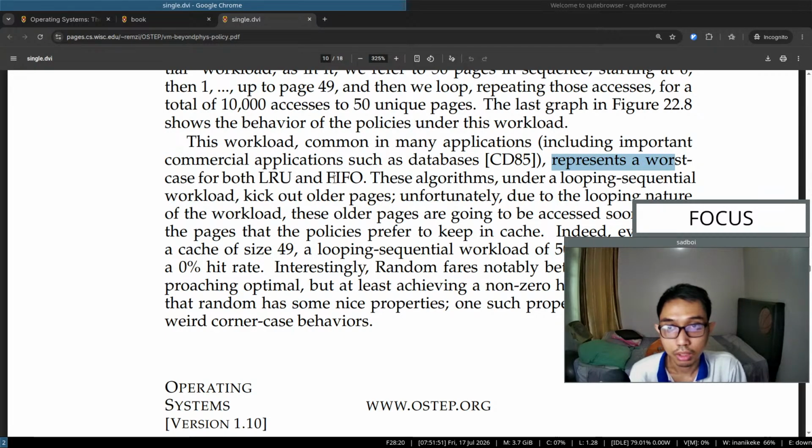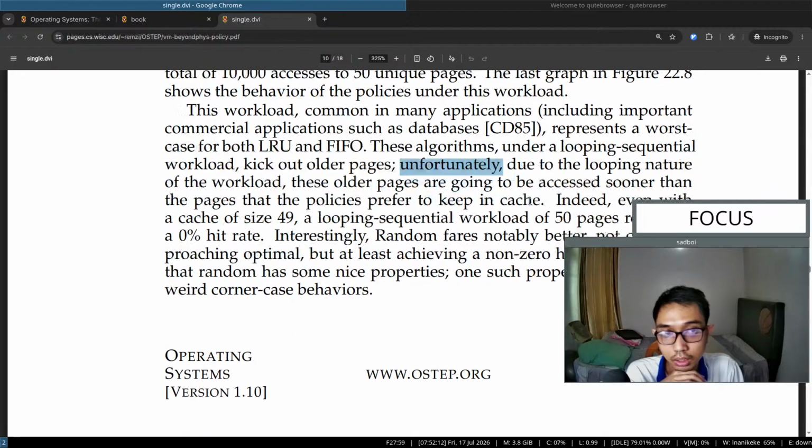It represents a worst case for both least recently used and first in, first out. These algorithms, under a looping sequential workload, kick out older pages.